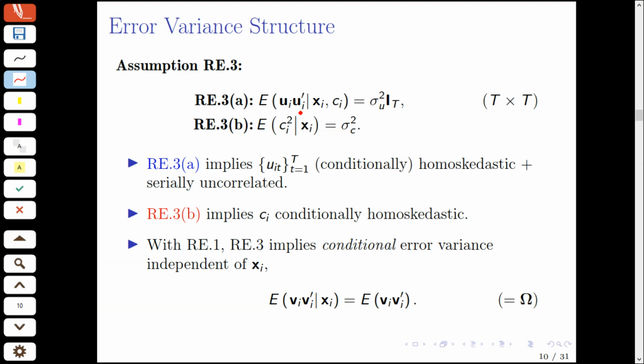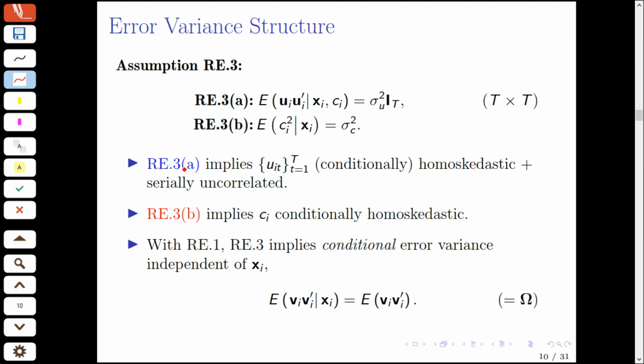The first part of this assumption, RE3A, implies that the idiosyncratic errors are homoscedastic and serially uncorrelated, both in a conditional and an unconditional sense. Hence, their variance doesn't depend on t itself, nor does it depend on the regressors in any time periods or the individual effect.